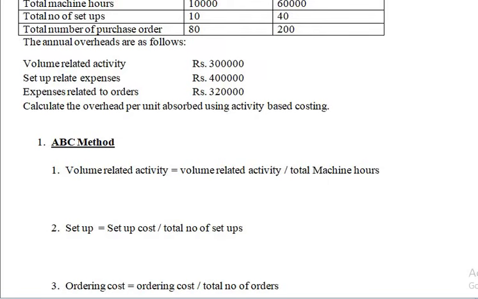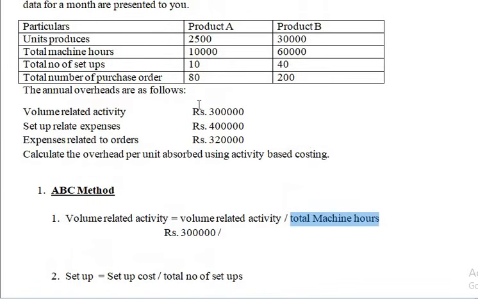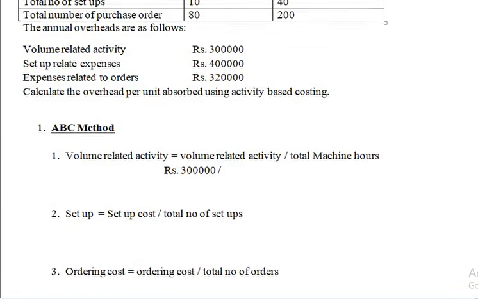So what's the cost of volume related activity? The expenses incurred for volume related activity is rupees 3 lakh, divided by the total number of machine hours. In this problem, the total number of machine hours is 10,000 for product A and 60,000 for product B. So the total machine hours for products A and B is 10,000 plus 60,000, that is 70,000.